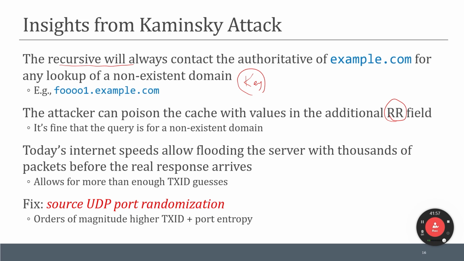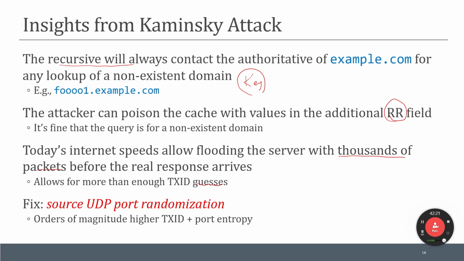And today's internet speed is sufficiently fast to flood the server with thousands of packets before the real response arrives. This means attackers can make more than enough transaction ID guesses.